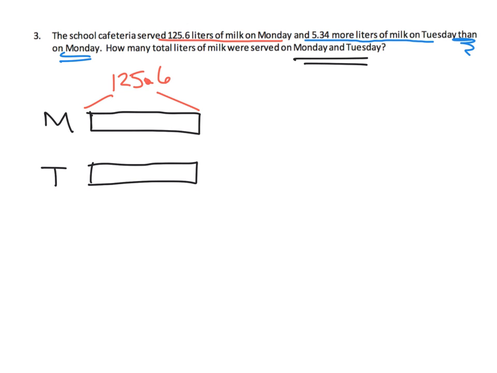Now Tuesday, it says they did those 125.6 liters, but plus they did an extra 5.34 liters because it says they did 5.34 more liters of milk on Tuesday than on Monday. So they're tied, and then Tuesday did 5.34 more liters.